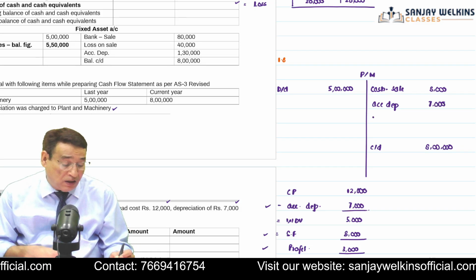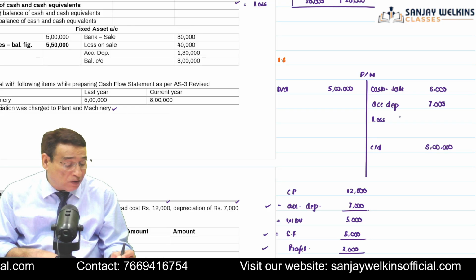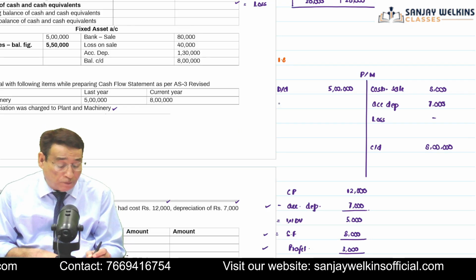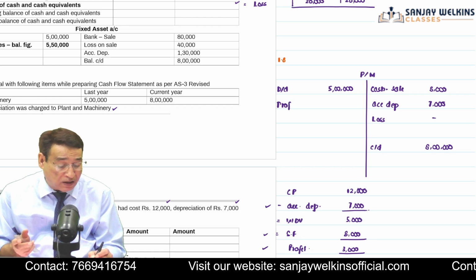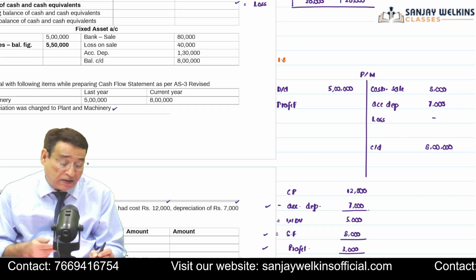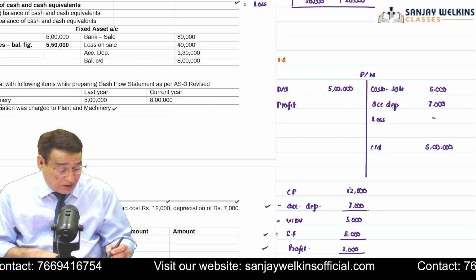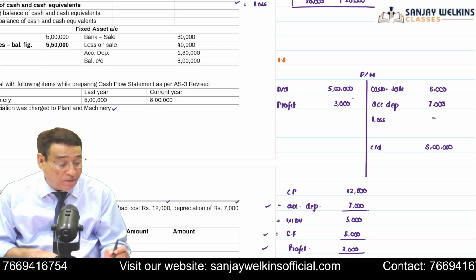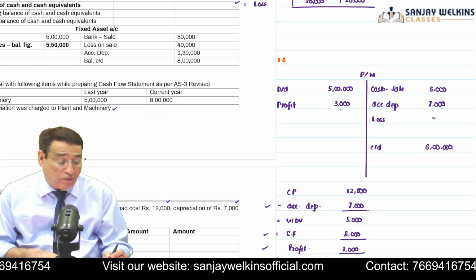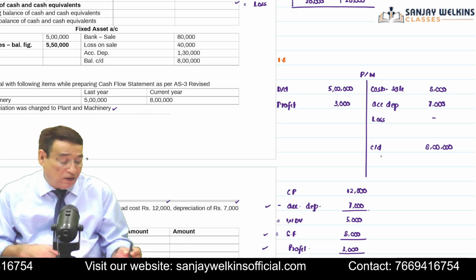However, this time there is no loss, rather there is a profit, so profit obviously I am going to write over here. Moreover, if any asset has a profit, the asset must be debited. So profit is equal to 3,000. Now you can see 8 plus 7, 15 minus 3 is equal to cost price. Is it clear to you?